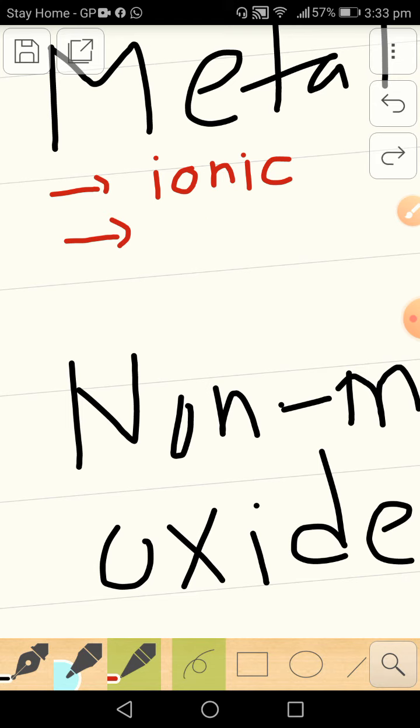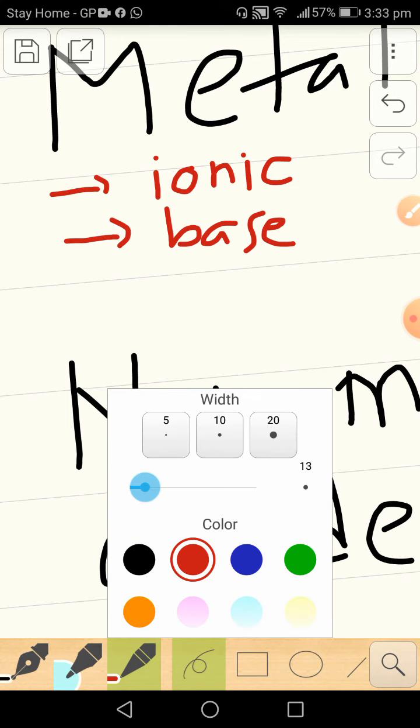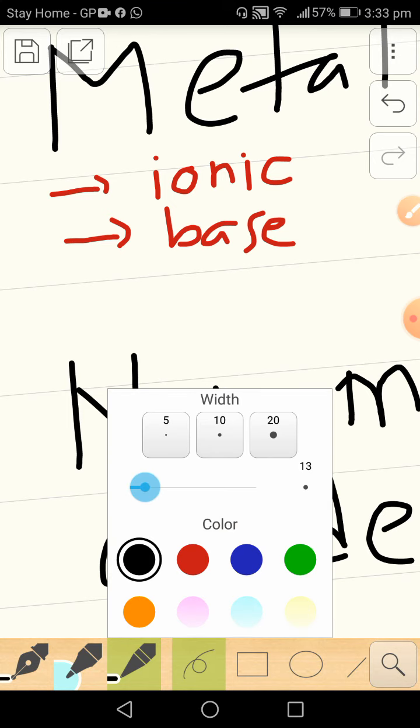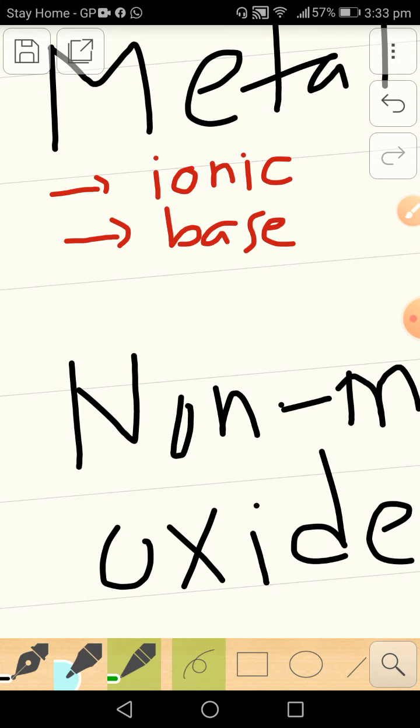That's why the metal oxides are all base, because only bases react with acids. Some exceptions of metal oxides are there, okay, we will talk about it later.